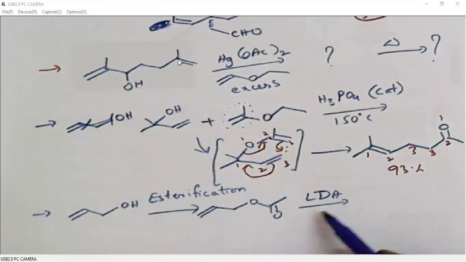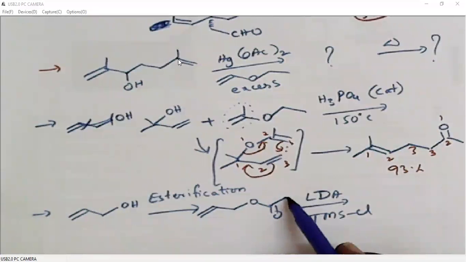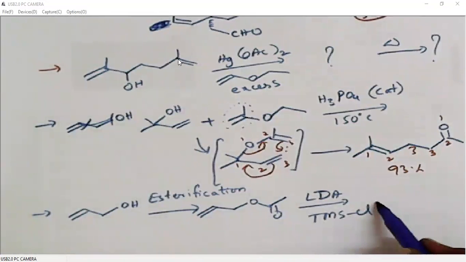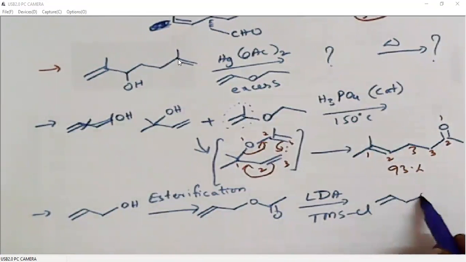When this ester is treated with LDA and TMS chloride, LDA is a strong base, so the proton on the alpha carbon is acidic. LDA picks up this proton, so it generates an enolate ion. TMS chloride is generally used to trap the enolate ion.